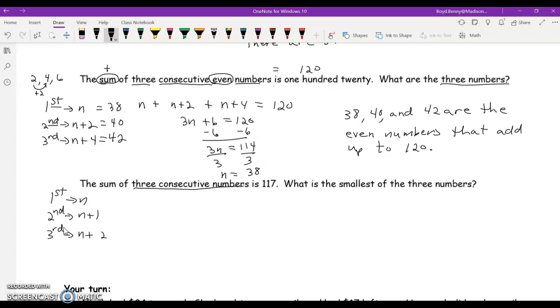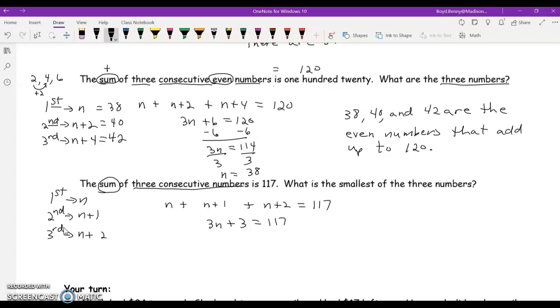It says we're finding the sum of these three numbers again, so that would be n plus n plus 1 plus n plus 2. And that's going to equal 117 this time around. So I'm going to collect my like terms. That's going to give me 3n. 1 plus 2 is going to give me 3.